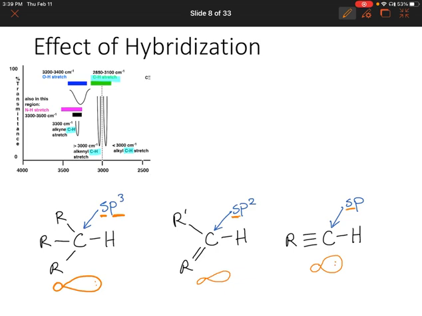So which carbon-hydrogen bond is the strongest? So another question, which one is the shortest? So the sp hybridized carbon will have the shortest bond with hydrogen due to its sp hybrid orbital.